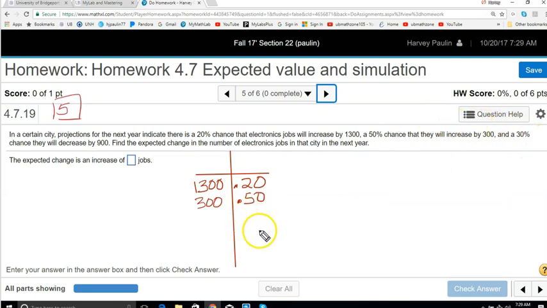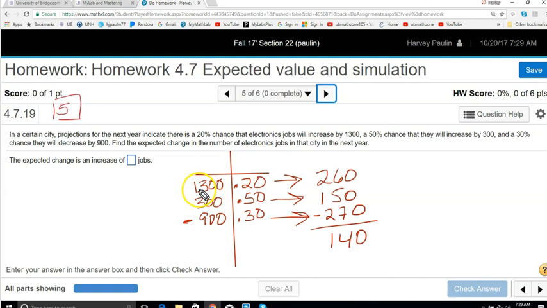And a 30% chance they will decrease. Notice that. That's a negative 900. So again, similar to what we've been doing, we want to find the expected job values for next year. So again, you're going to multiply through, add up, and see what you get.